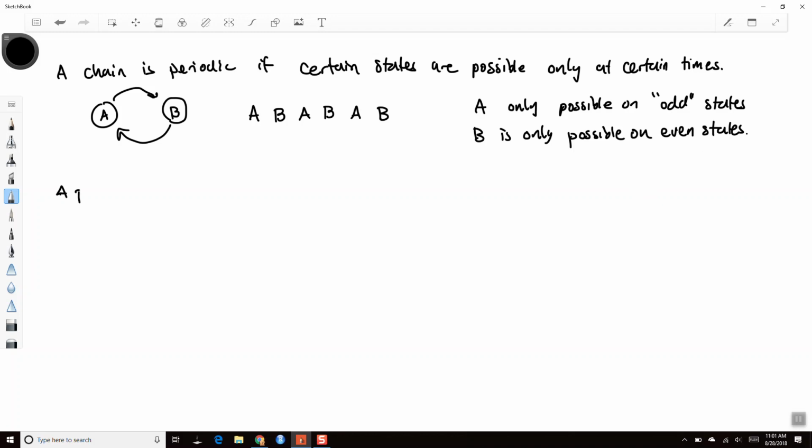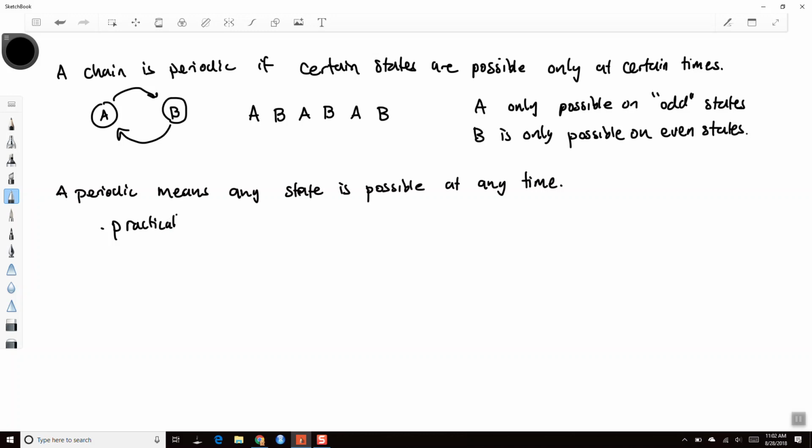Okay, aperiodic means any state can appear at any time. Practically speaking, if it is possible to go from a state back to itself, then the chain will become aperiodic.